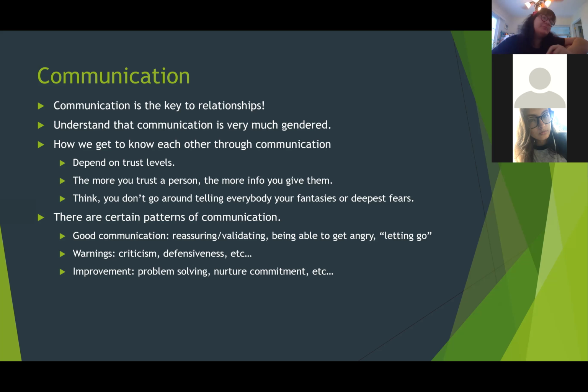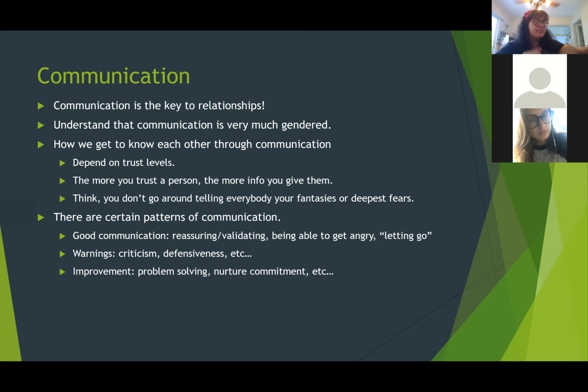But if it keeps bothering you for days and weeks, then you are more calm when talking about it with your partner, but at the same time you notice, hey, this is bothering me, I want to talk about it.